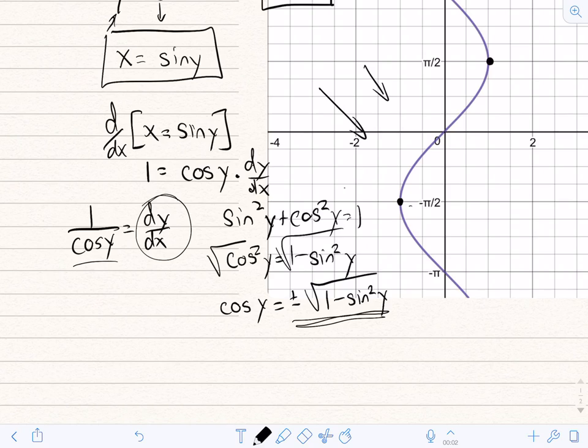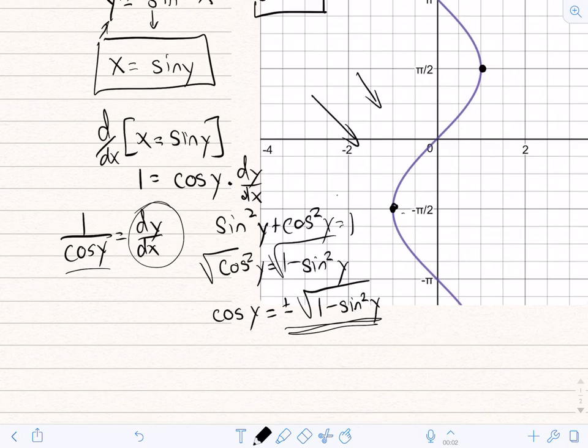It does get kind of confusing, but for the most part, if I'm restricting it to negative pi over 2 to pi over 2, each tangent line that forms here is going to be positive. So we're going to remove that negative version. We're only concerned with the square root of 1 minus sine squared. So I'm going to replace this value right here with cosine of y.